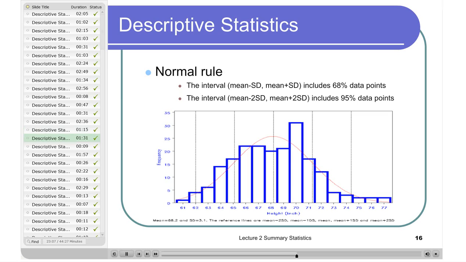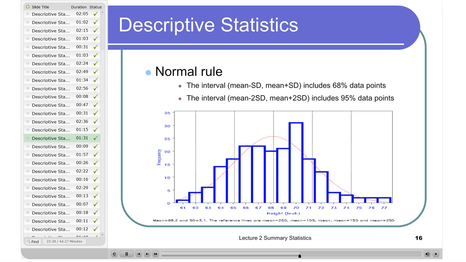So this slide talks about the normal rule, which is kind of like Chebyshev's rule, except it only works for normally distributed data. And it just says that about 68% of the data will be within 1 standard deviation of the mean. So if we look at the graph that we were considering 2 slides ago, we have the center reference line, that's where the mean is located, and then the line immediately to the left of that and immediately to the right of that, those lines are 1 standard deviation away from the mean.